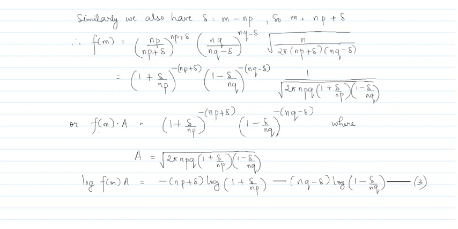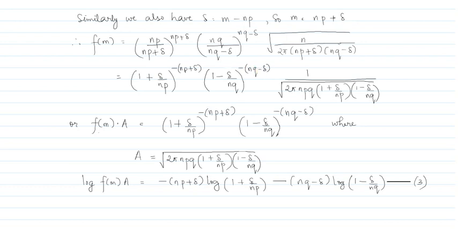Now I have np divided by np plus delta. Just invert this fraction, so my power becomes negative, and I write my fraction like this: 1 plus delta by np. Similarly, this fraction becomes 1 minus delta by nq with a negative power, nq minus delta.